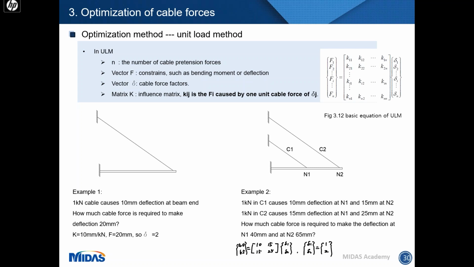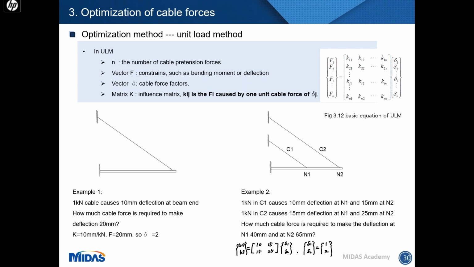Example 2 is a bit more complicated because there are 2 cables, cable 1 and cable 2. Now we know 1 kilonewton in C1 causes 10 mm deflection at node 1 and 15 mm at node 2. 1 kilonewton in cable 2 causes 15 mm deflection at node 1 and 25 at node 2.